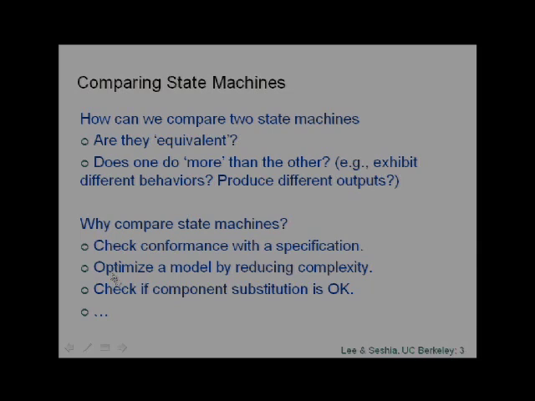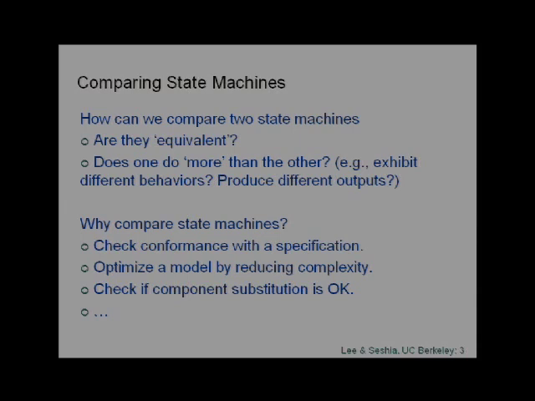And a third example is you might actually do model-based design, right? So rather than directly implementing your system in code, you might start with a high-level model, and you might start with a really unoptimized, slow model. It may just have many more states than it should, and you might want to optimize that. So reduce the number of states, maybe reduce the number of inputs, things like that.